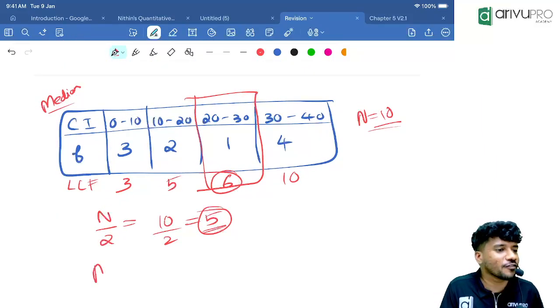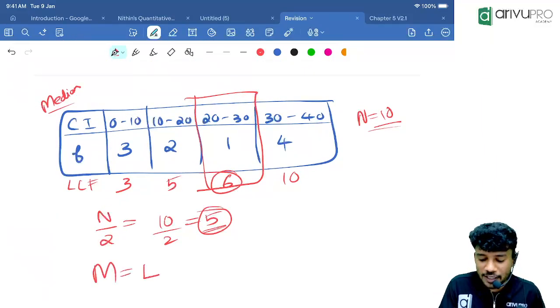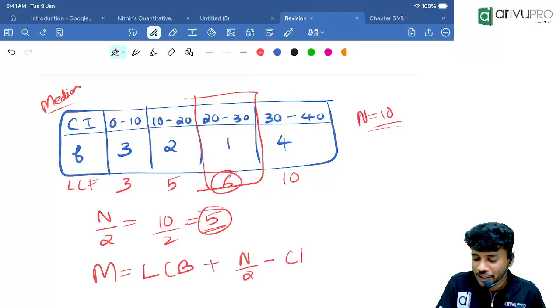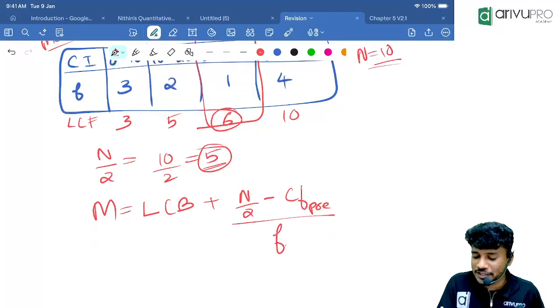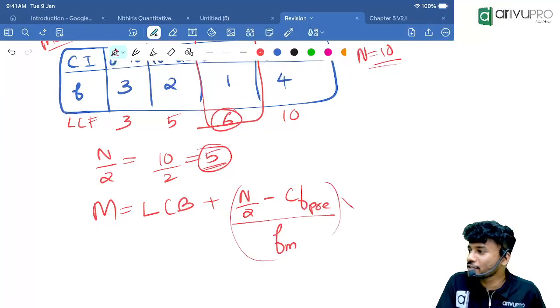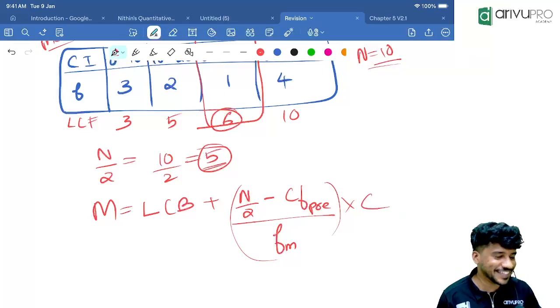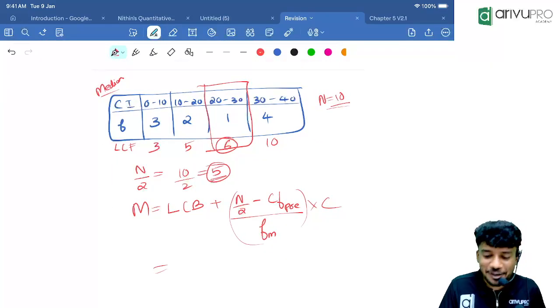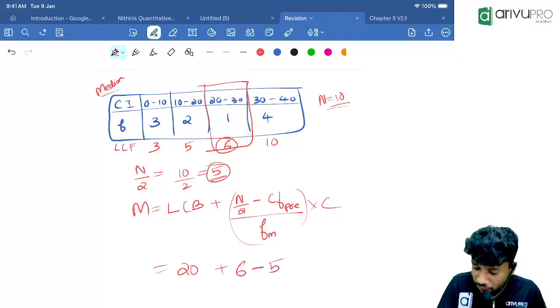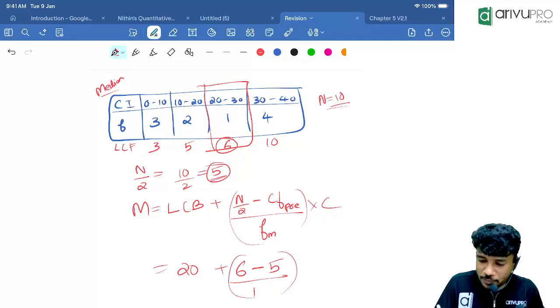Now we can use the formula. Median is what? LCV plus N by 2 minus cumulative frequency of the previous class divided by frequency of the median class into what? Into 100 or into C. Okay. Then LCV is how much over here? 20 plus N by 2 is how much over here? 6 minus 5 divided by what? 1 into what, people?